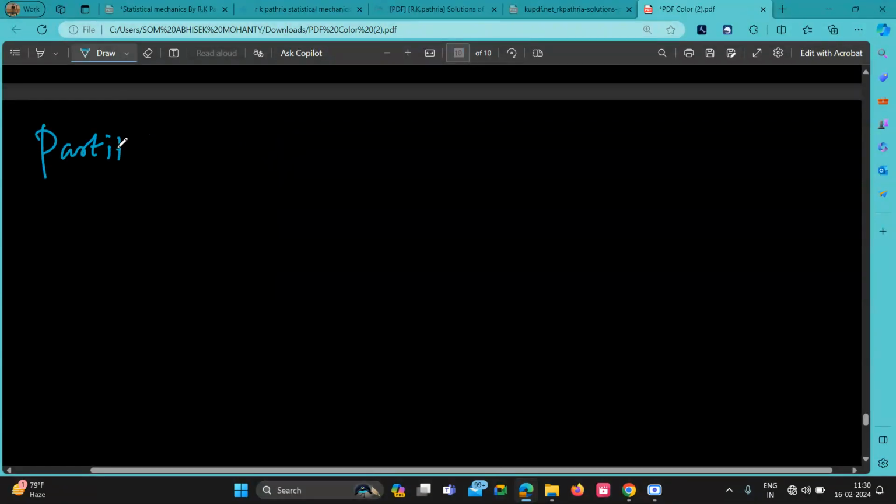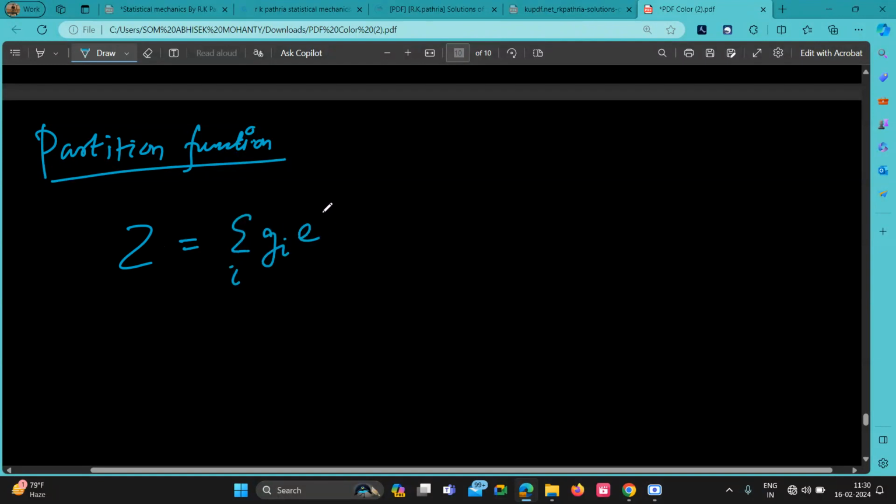Our main aim has always been to calculate the partition function in statistical mechanics. Z is equal to summation over i of gi e to the power minus beta Ei.